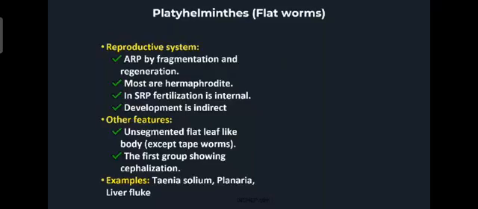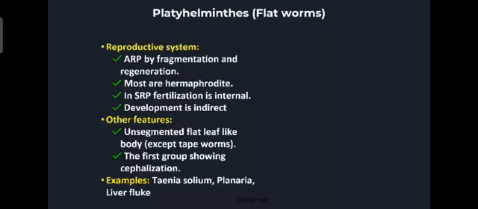So in the same animal, male and female reproductive organs are present. The sperms and eggs are produced and internal fertilization is taking place. And development is indirect. Indirect means through many larval stages. So it will undergo the larval stage and then the adult will form. So that is called as indirect development.